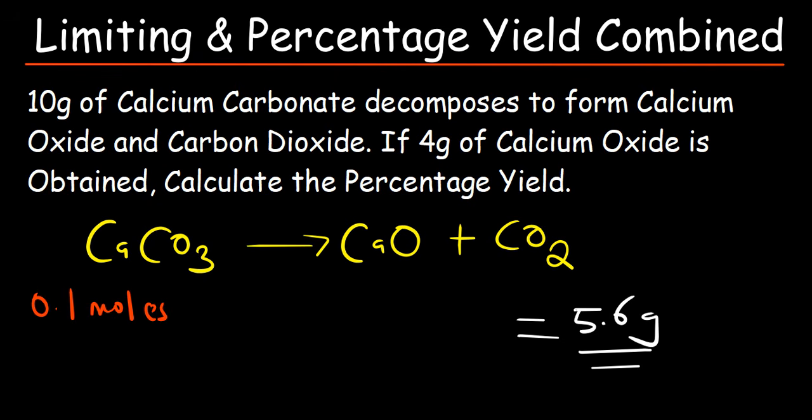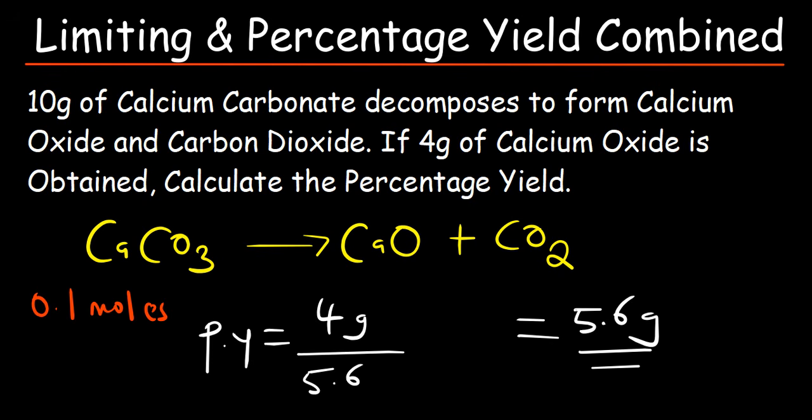Now what I'm going to do is that since I found what we're supposed to obtain, I can now find the percentage yield. We've said the percentage yield in this case will be the actual that we were given. We've been given that 4 grams of calcium oxide is obtained, so here I'm going to put 4 grams divided by the theoretical, the one that we've calculated for calcium oxide, it is 5.6 grams.